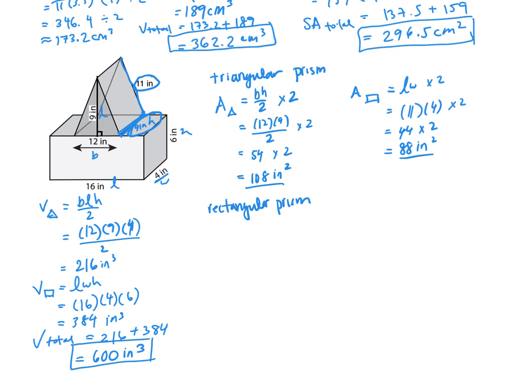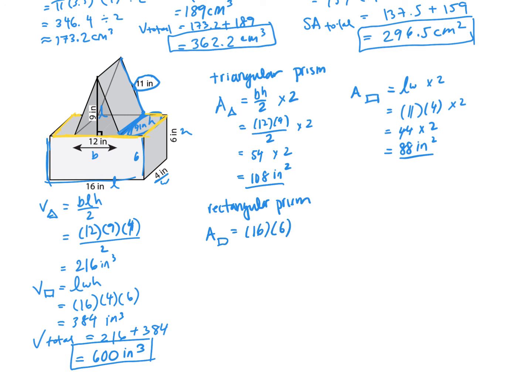So for the rectangular prism, we do have quite a few rectangles. There is a little fancy trick to this top one because the top one is not fully exposed. So I'm going to leave that one for the end. I'm just going to do the 5 rectangles that are a little easier to see. So let's see. The front is 16 by 6.